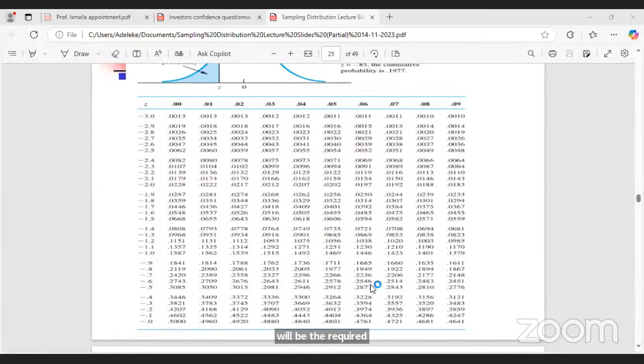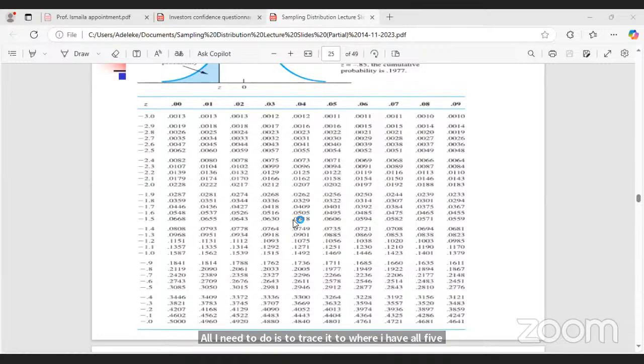Whatever I get from the table will be the required probability. Even if I'm interested in minus 1.65, the first column gives me minus 1.6. To make it to 2 decimal places, I trace it to where I have 0.5, and that gives me minus 1.65.